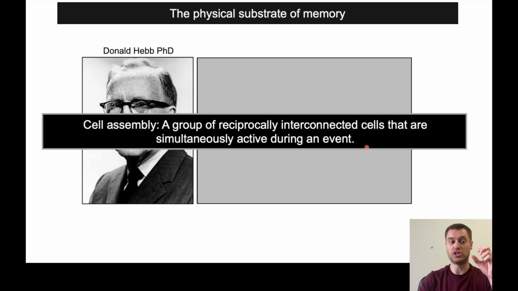So that when you activate one of those cells, you get the activity of another cell. That is what he hypothesized was the biological foundation of memory: these neurons that are activated simultaneously become synaptically wired together, and it's that pattern of activity that now causes the conscious memory experience.